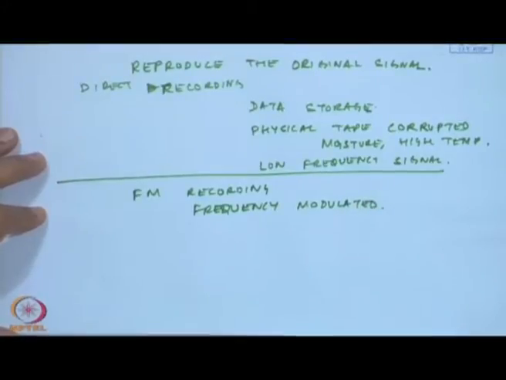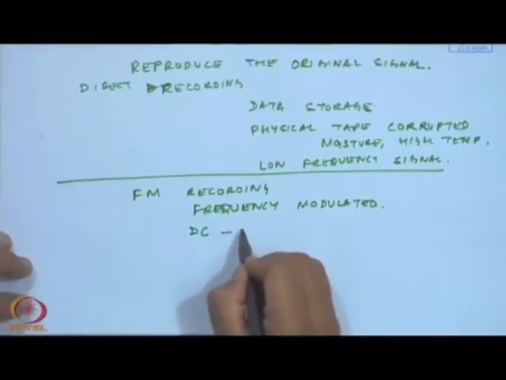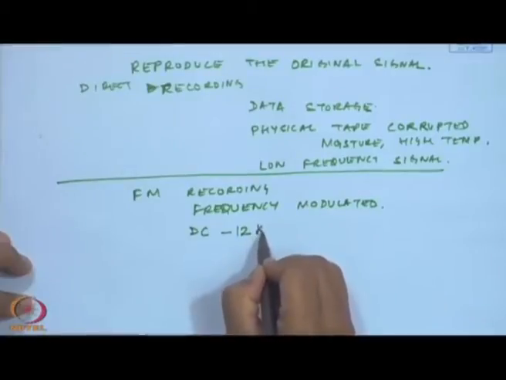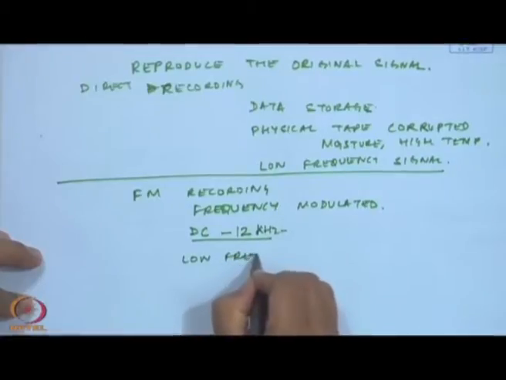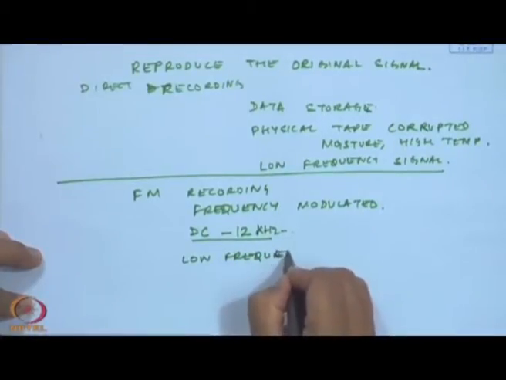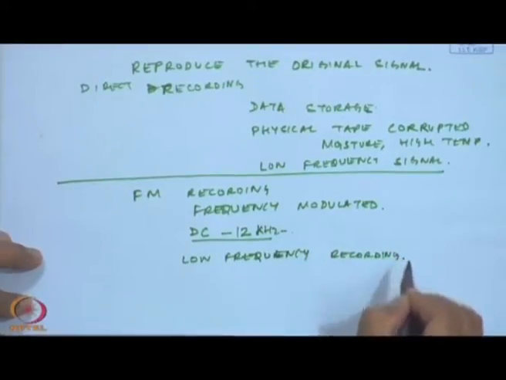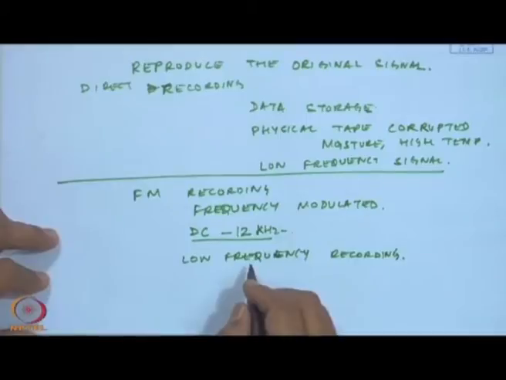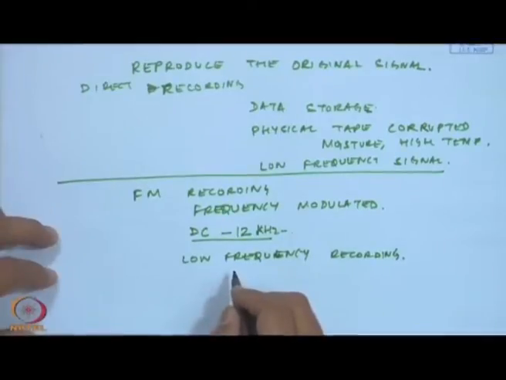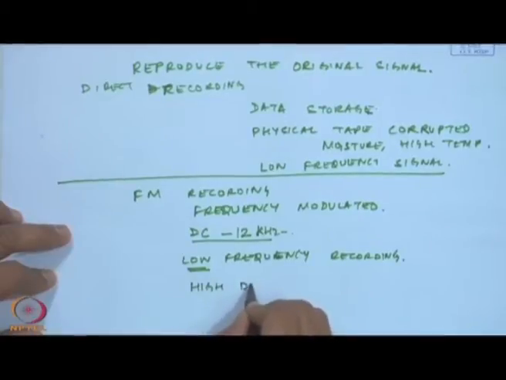The FM recordings are very popular and convenient because they can measure as low as DC and can go as high as maybe 12 kilohertz, etc. So, low frequency recordings are possible by the FM recording. Of course, the recording media could again be a spool or a cassette tape and so on, but the advantage is the low frequency recording could be done and it has a relatively high dynamic range.